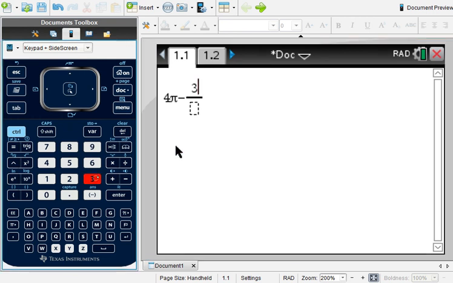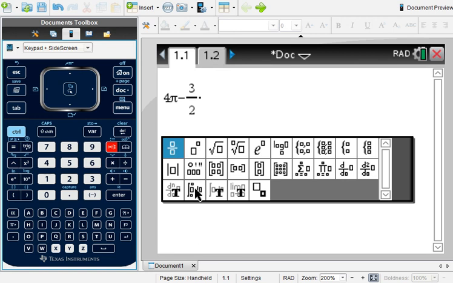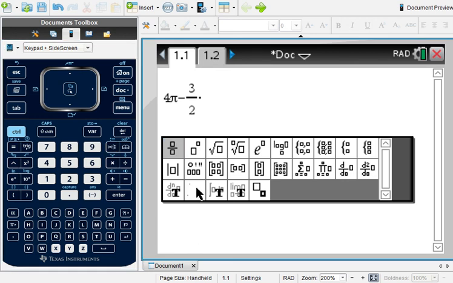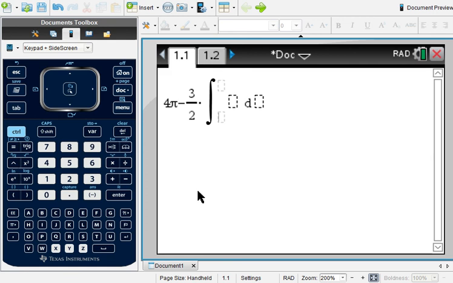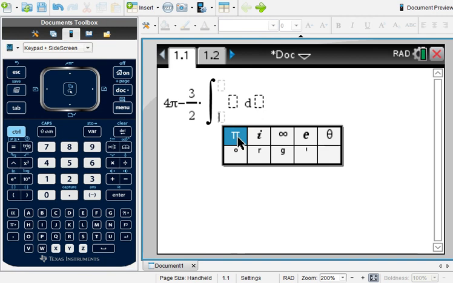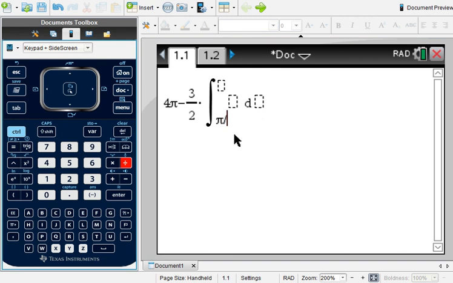There we go. Times, here's our definite integral, pi over 6 to pi over 2.